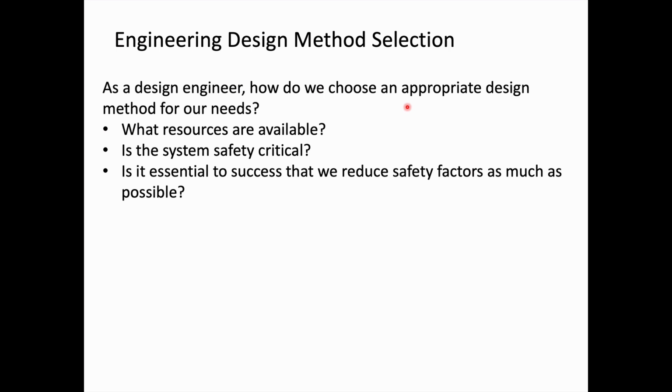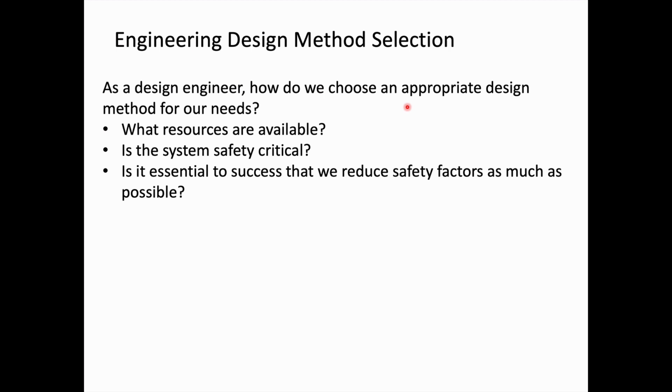So we can have two different cases that are both safety critical, but the importance of getting a small safety factor is different. For example, if we are designing a bridge or a building that involves a steel structure, then it's definitely safety critical. We want to make sure that we're very confident in the design solution.